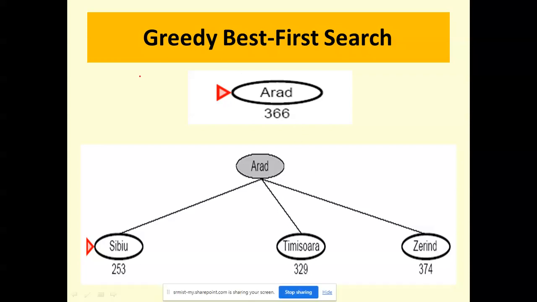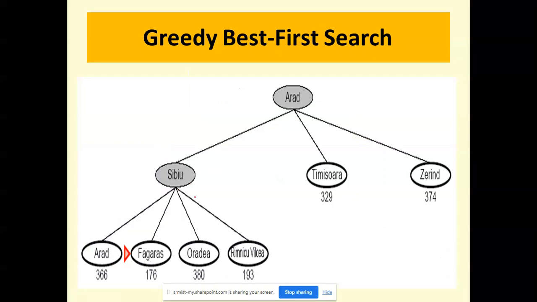As I told you, it is greedy best first search. Every time you expand a node, you make sure that f of n is equivalent to h of n, and you select the lowest or cheapest path. Out of these, Sibiu has the least distance, 253, so I will expand Sibiu.